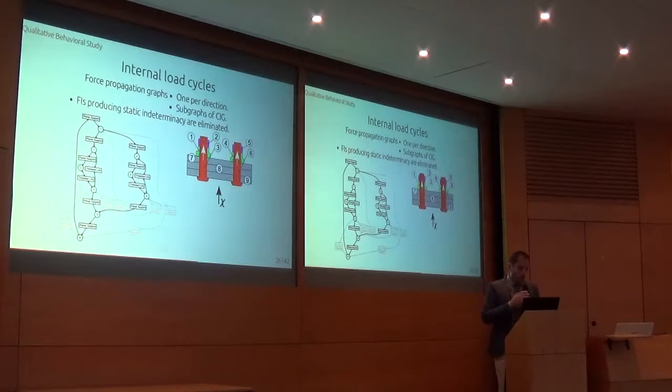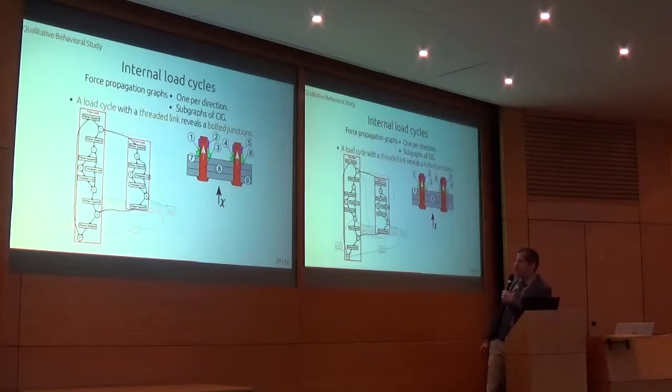The detection of bolted junctions now boils down to the query of cyclic paths on these graphs, and each cycle is then labeled as a functional group, a bolted junction.